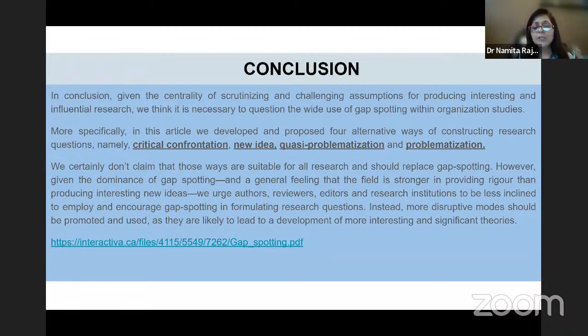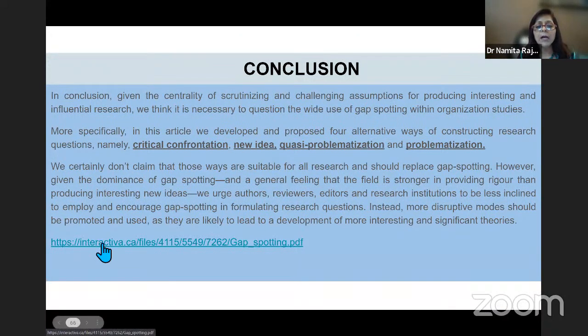Probably there are some critical confrontation, new ideas, quasi-problematization and problematization, but the most favored way is moving on to the literature, just changing the aspects, and gap spotting is the most favored one.